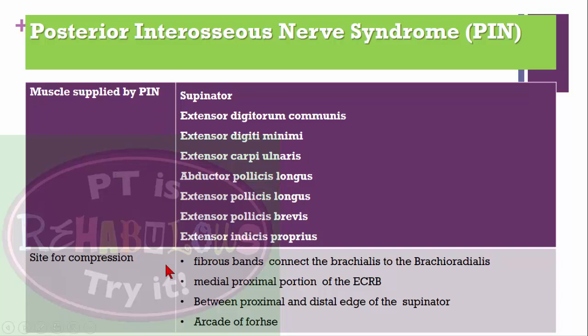Site for compression: the fibrous band that connects the brachialis to brachioradialis is a very common site for PIN compression. The medial proximal portion of the extensor carpi radialis brevis tendon, especially between the proximal and distal edge of the supinator and arcade of Frohse, is mostly affected.